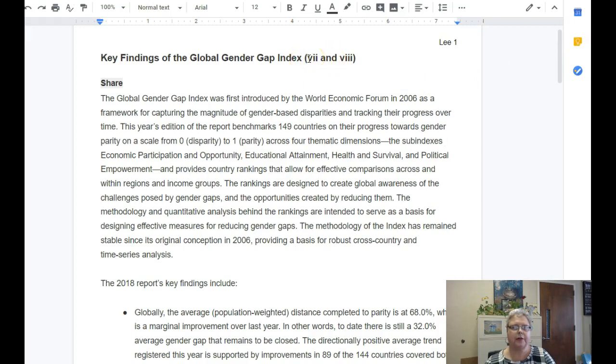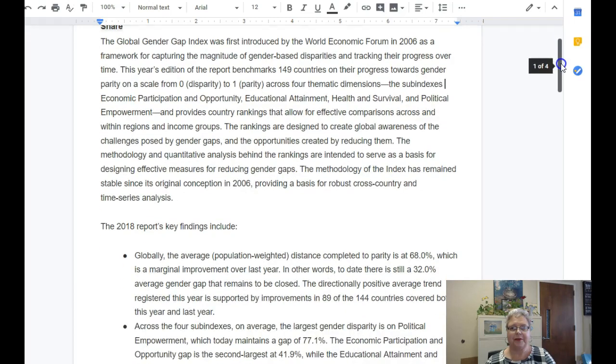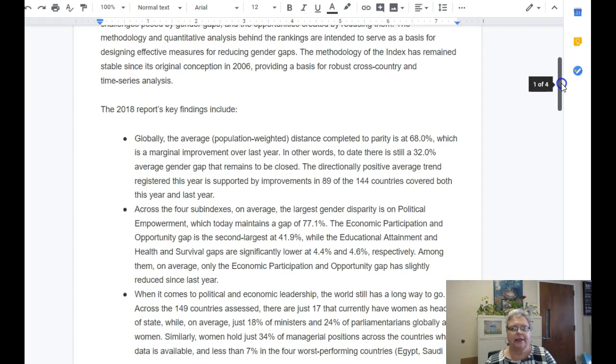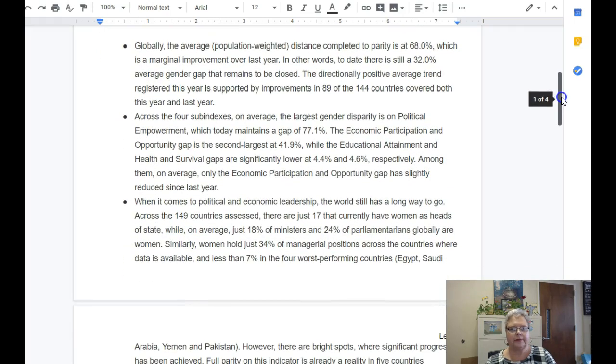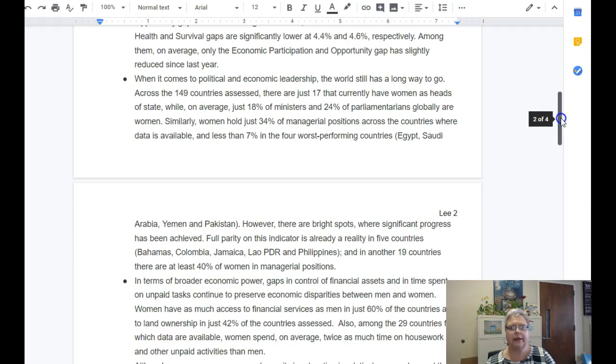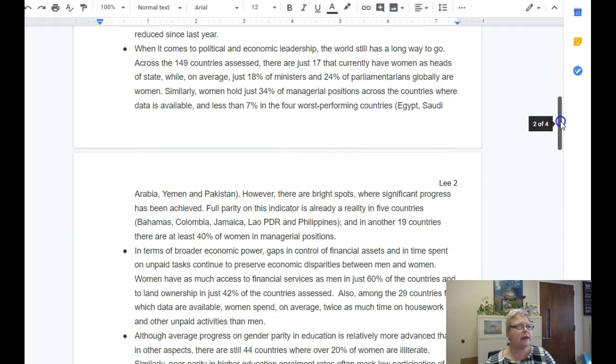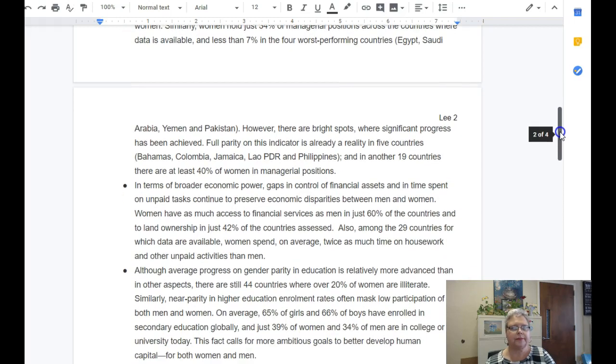So the page numbers are in Roman numerals VII (7) and VIII (8). And if you use any of this information, then it is necessary for you to put those page numbers in parentheses.